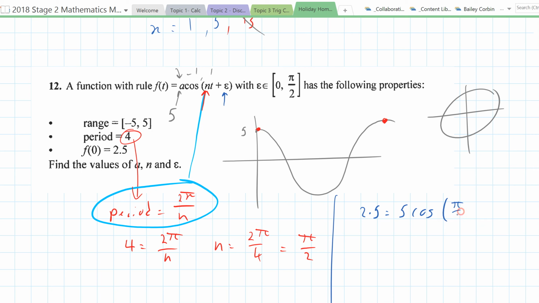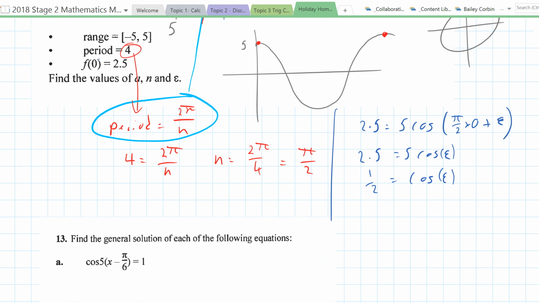So pi on 2 times f of 0 is 0. Then plus this weird curly e thing. It's a Greek, but just treat it like an ordinary variable. Alright, so really this looks like 2.5 equals 5 cos e, because 2 pi on 2 times 0 is nothing. Divide both sides by 5. A half equals cos e.